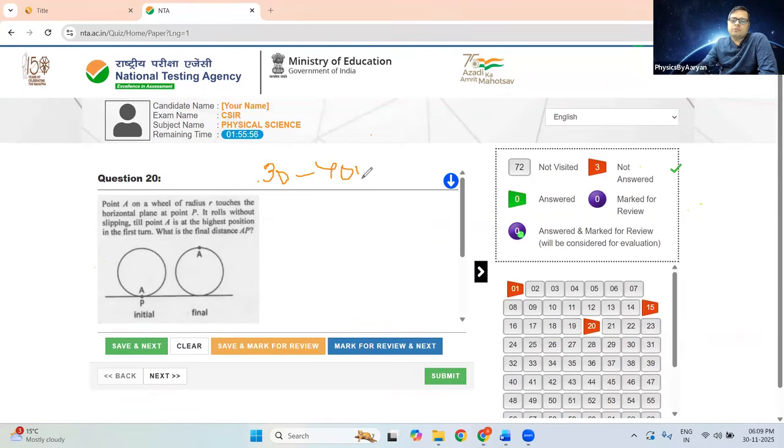Many people give too little time for this section, but to be honest, this section is going to decide your qualification. Without this section, you cannot get qualified. So the first 30 to 40 minutes can easily go for this section, and your target should be almost full marks. I hope you are writing this down.